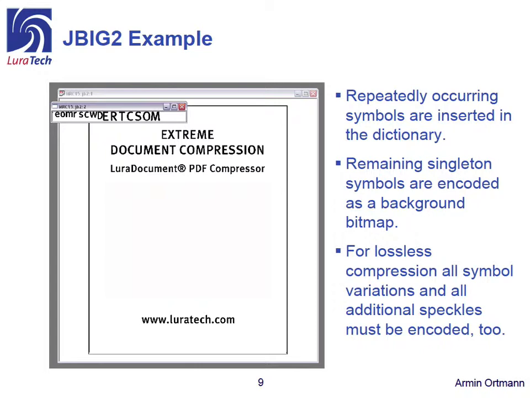Okay, just quickly referring to the lossy versus lossless encoding again. For lossless compression, you actually have to encode all the variations. So if there is a difference between this E and that E, and it's only 3 pixels here and there, for a lossless compression, you would have to encode them separately.